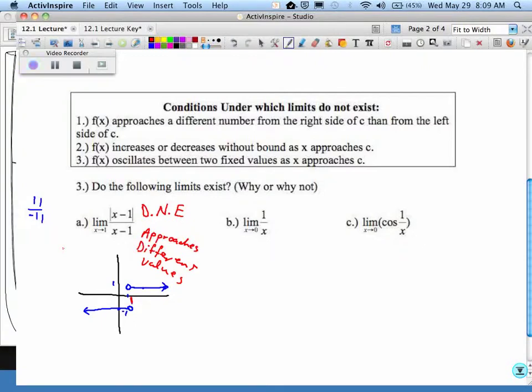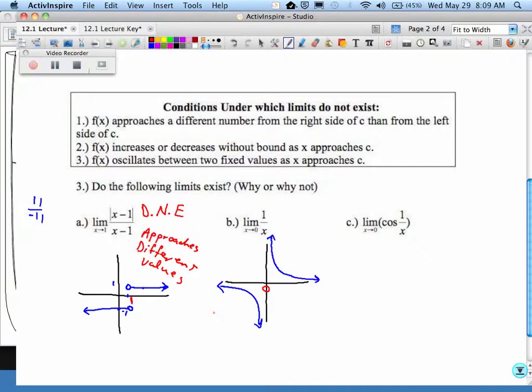What about 1 over x when you look at that graph? We know that the horizontal asymptote is at y equals 0 and the vertical is at x equals 0. So if you try to approach 0, what happens on the positive side? If you come in from the right, what's happening to the outputs as you get close? It's going up.